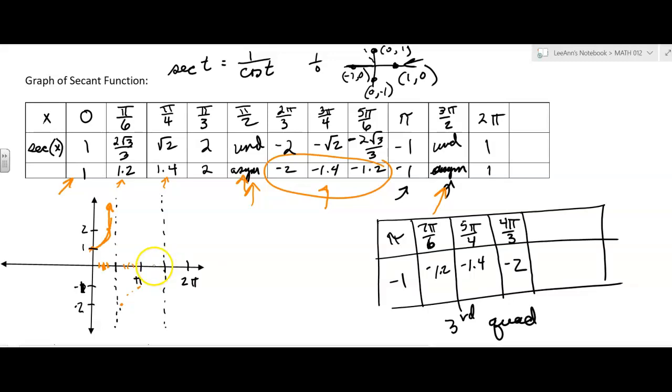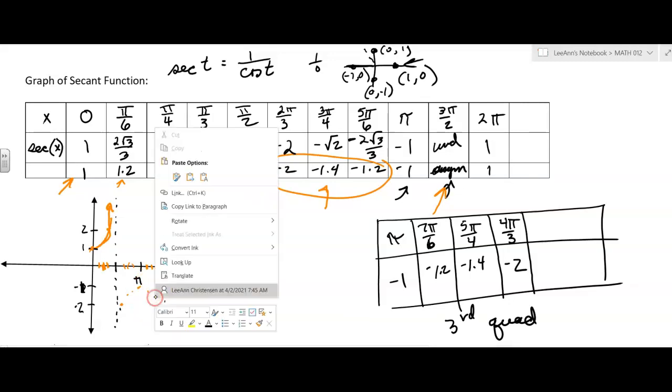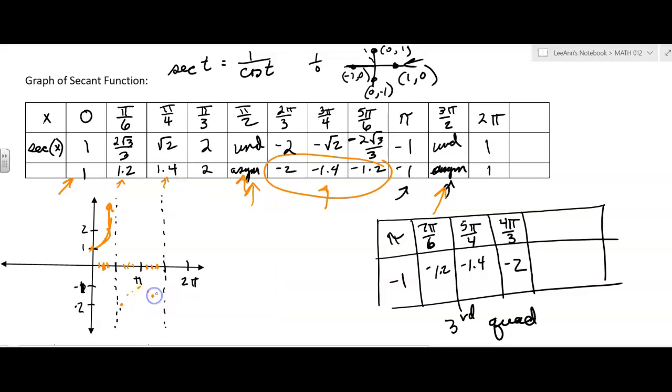Well, here's the 5 pi over 4, and a little bit before for 7 pi over 6, and a little bit after for 4 pi over 3. Now, my graph is pretty little here, so it's kind of hard to tell. But you're going to have -1.2, -1.4, and then -2. So it's going to mirror what we had on the other side in the second quadrant. All right. So it looks like that.